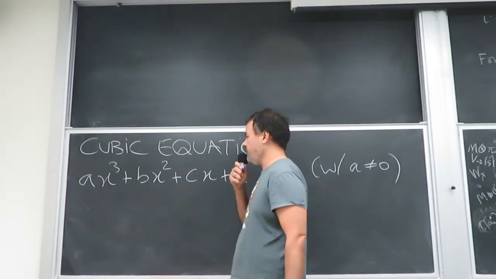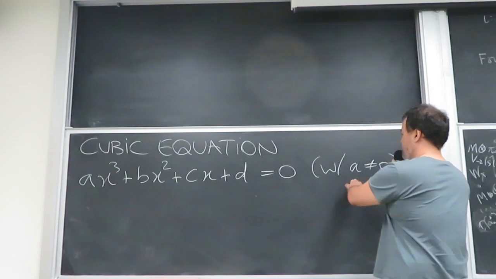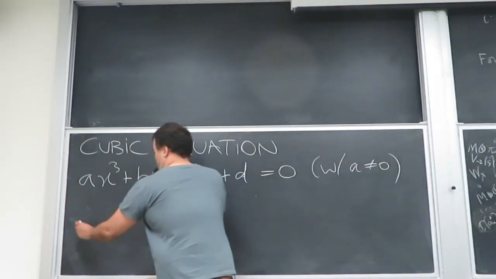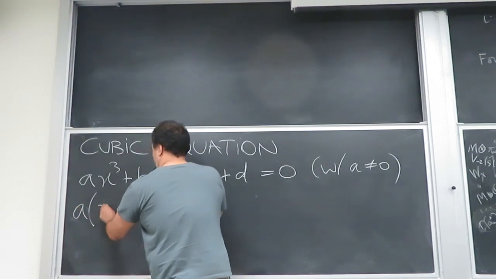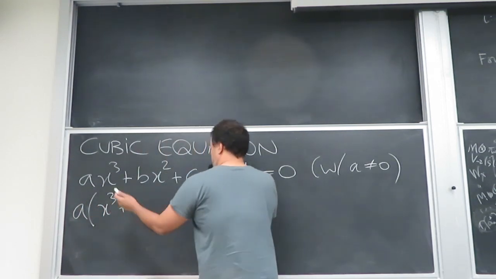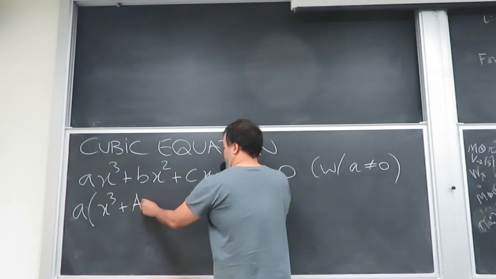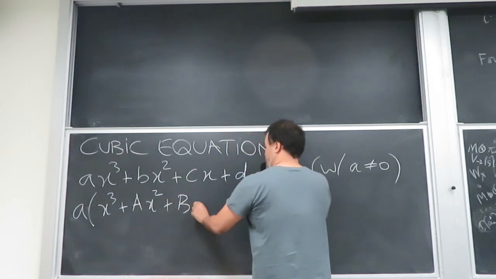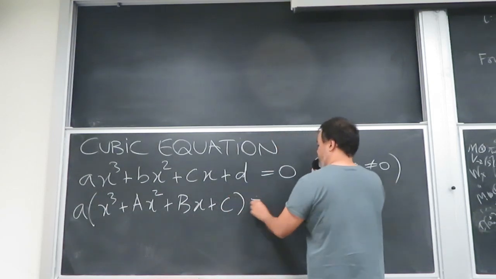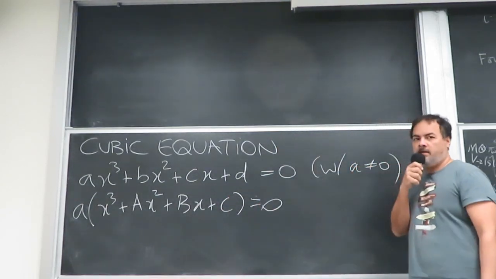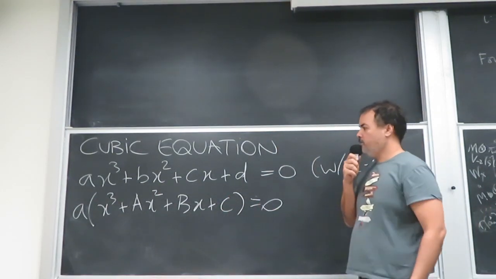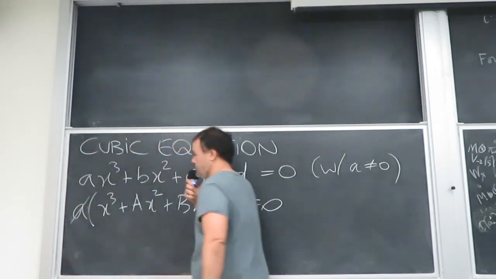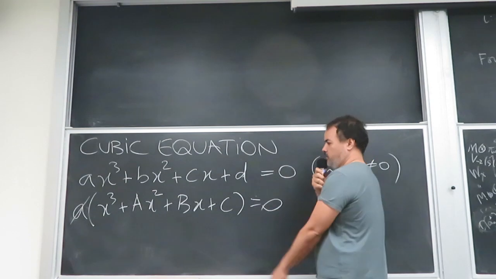The first one: since a is different from 0, we can divide through by a, and then, using that the real numbers are an integral domain, say that this has to be 0.